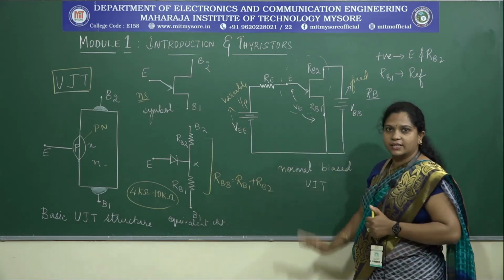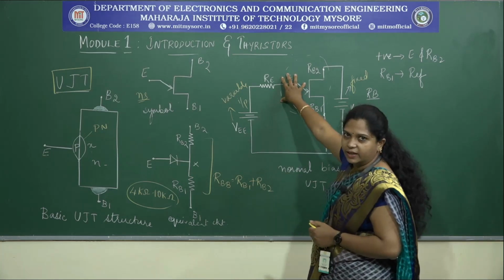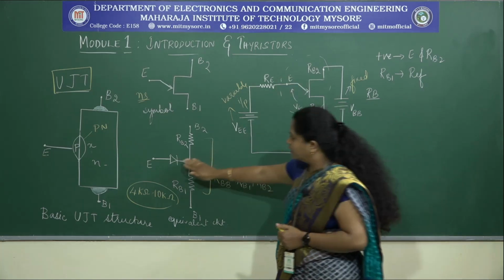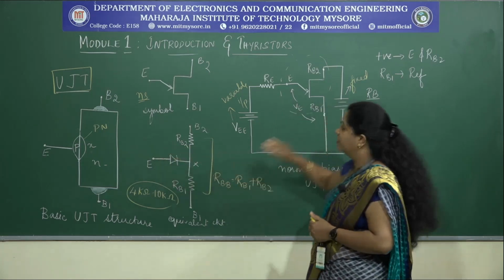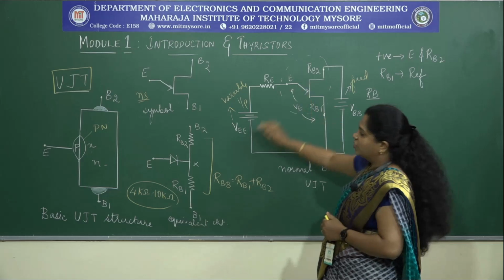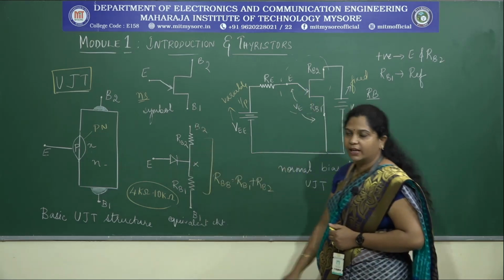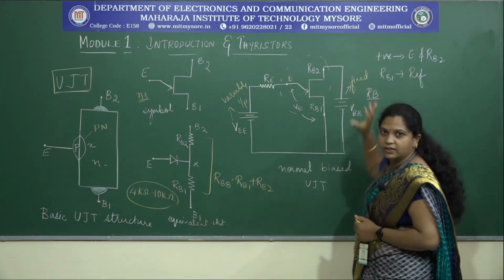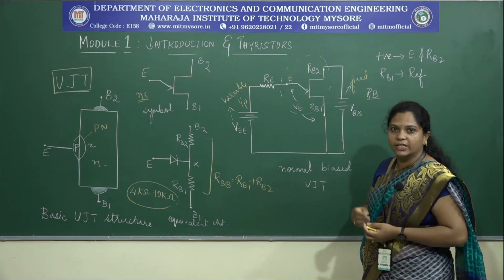In this generalized biasing circuit, when we have not connected the emitter, or the emitter diode is still in the reverse biased condition, RB1 and RB2 are connected to the VBB supply. So this acts as a voltage divider.